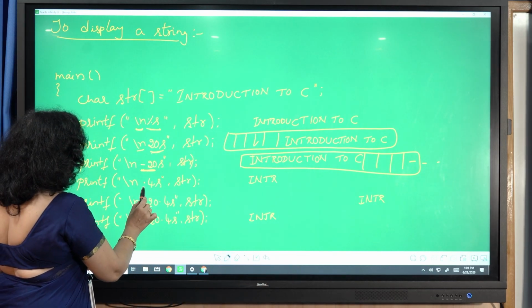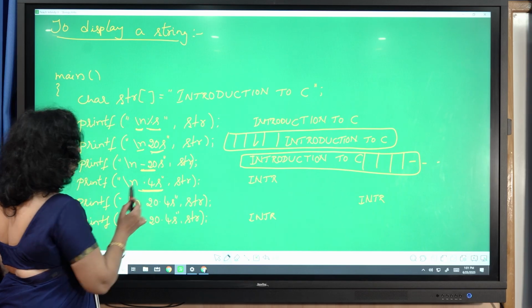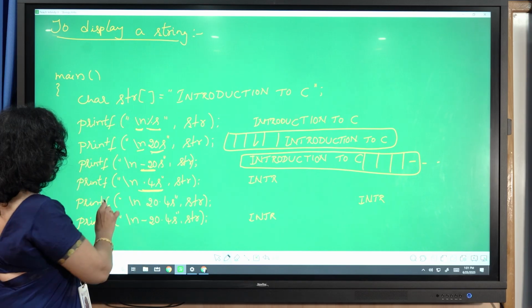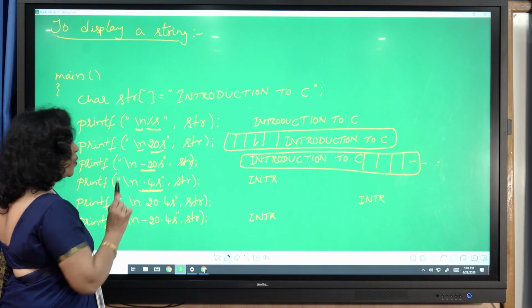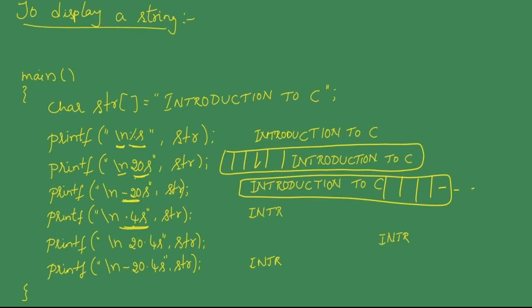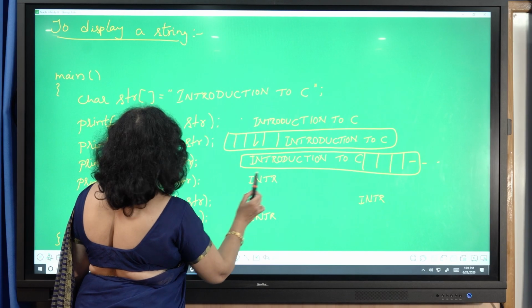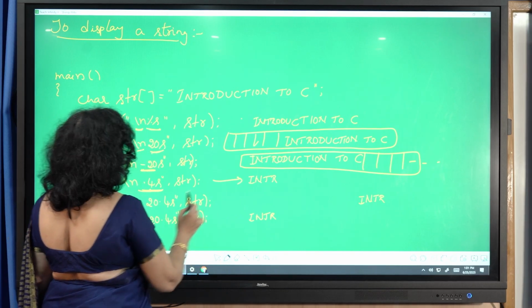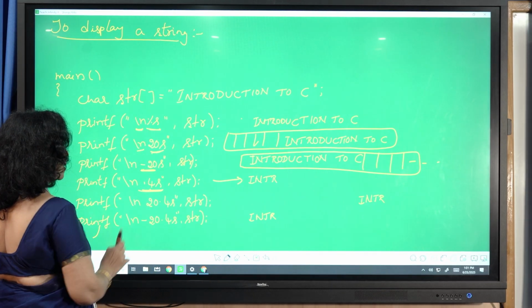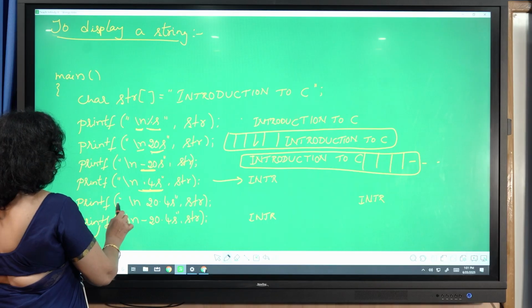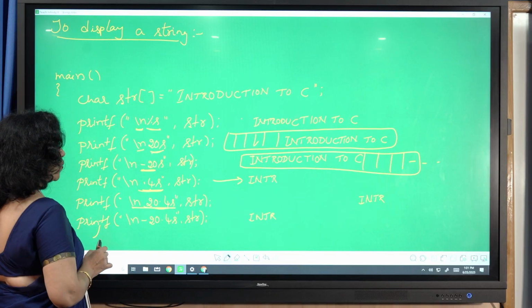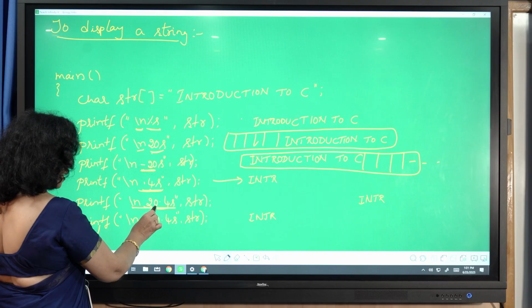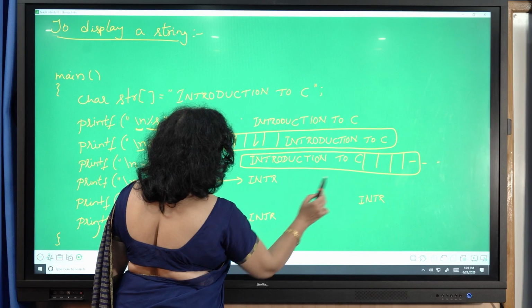Now look at this, %.4s. It means that out of the entire string, the first 4 characters have been considered. So "intr": these 4 characters are taken in this %.4s. Similarly, if I say \n and %20.4s, this is again positive, so it is right justified.